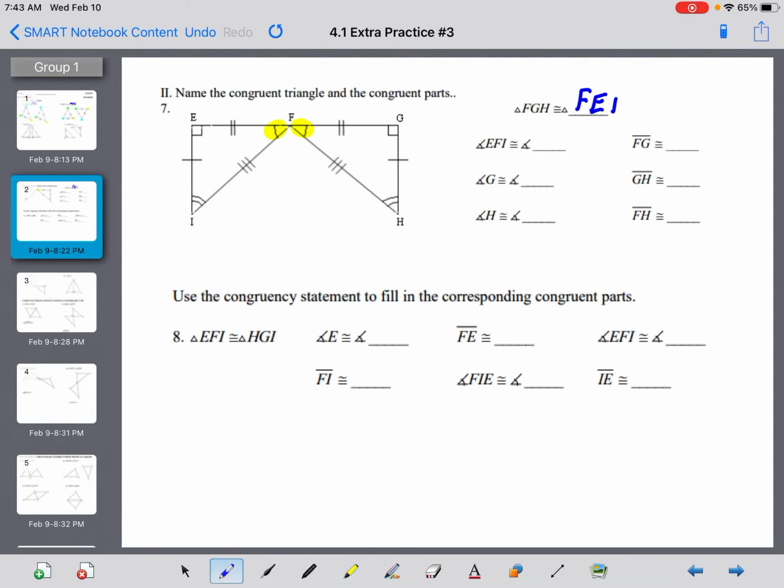Well, its congruent angle would be on the other side, which we would call CFH, because they both have 1 arc.